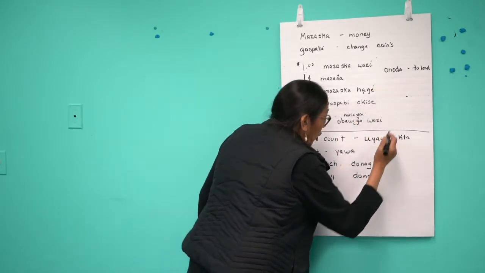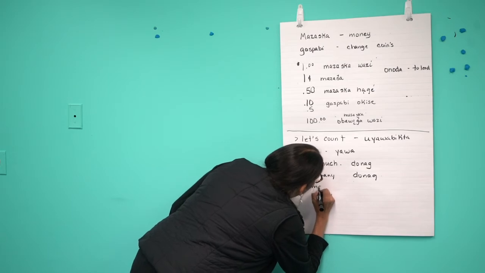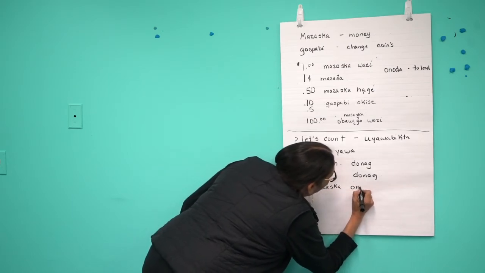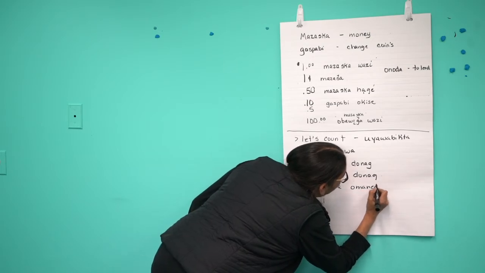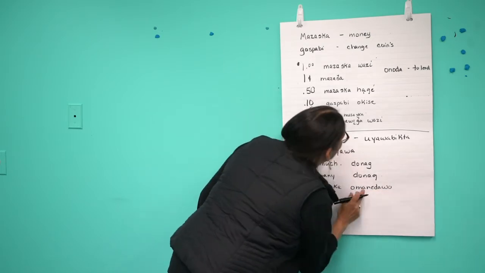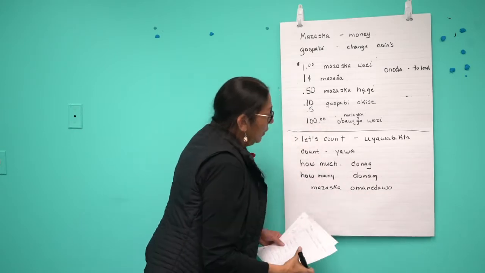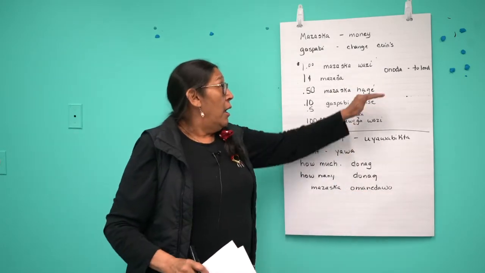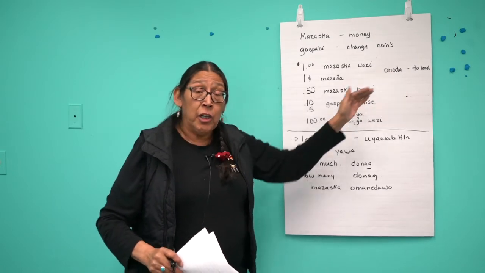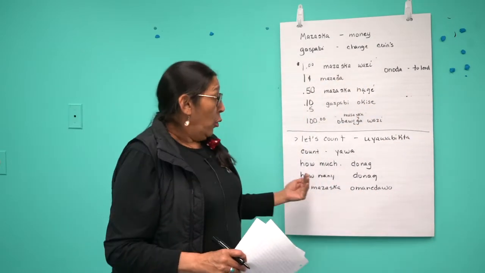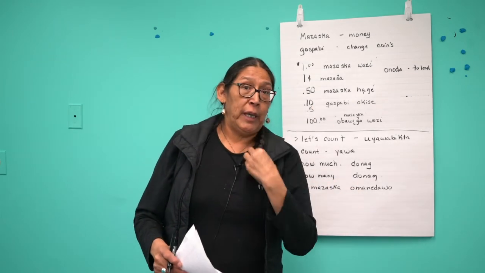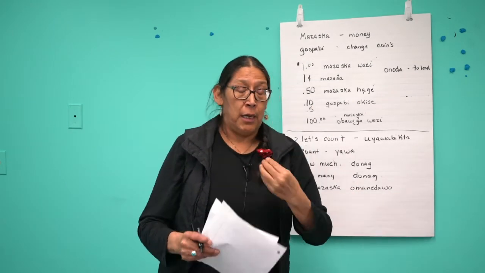I'm changing my onoda to mazaska omane dawo. See? And I'm changing my first person singular into my fourth person, which gives us the prefixes oma. You're doing to me. Oma, lend me.